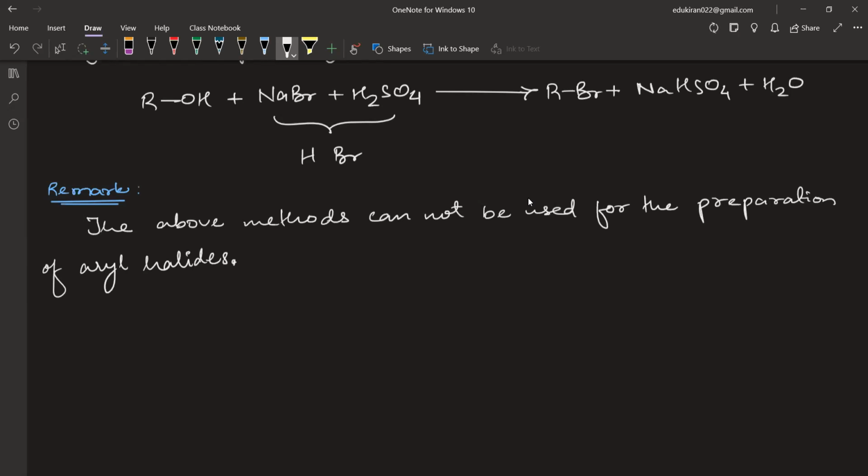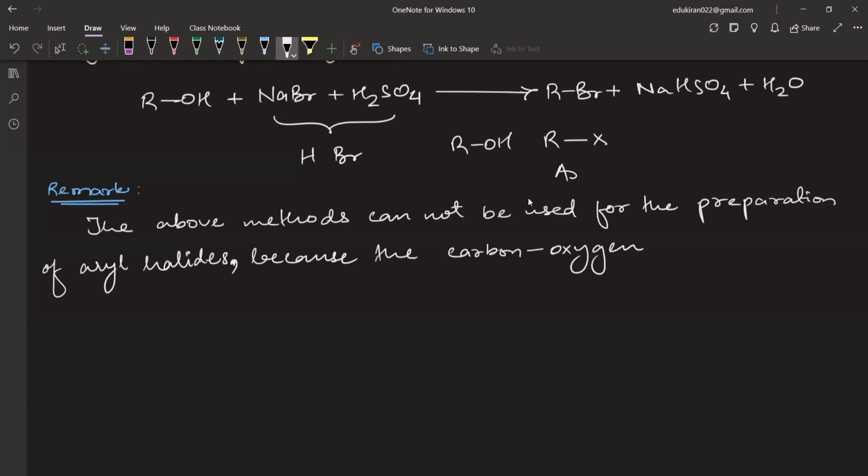Why? Because when we are preparing RX, we have to take ROH. When we have to prepare ArX, we have to take ArOH, and that means we have to take phenols, benzene attached with that OH group.